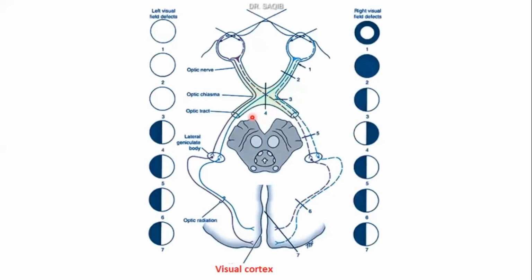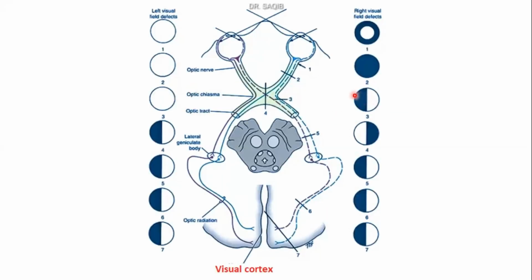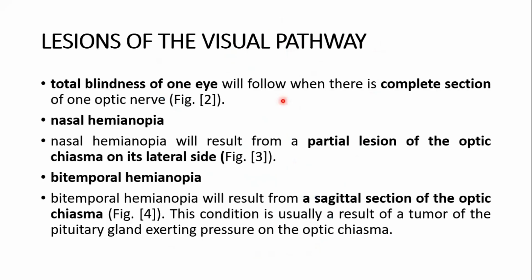As you see, this is the optic chiasma, and this is the partial lesion. Number 3, partial lesion of the optic chiasma, resulting in this nasal hemianopia.